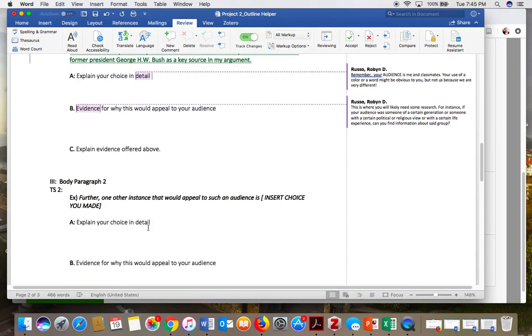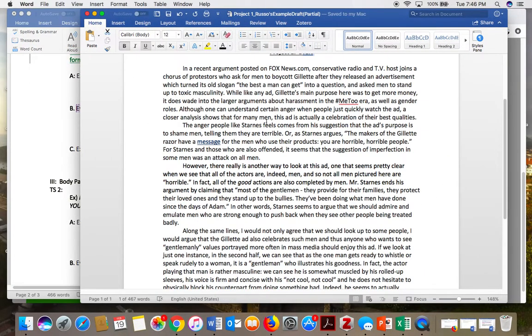Another thing that I might do in my next topic sentence, I might say, okay, well, one of the other things I did, if you see actually inside of the draft, I talk about the idea that good men do stand up for their families, that this is something that Starnes argues about being important, family values, and so does the ad.